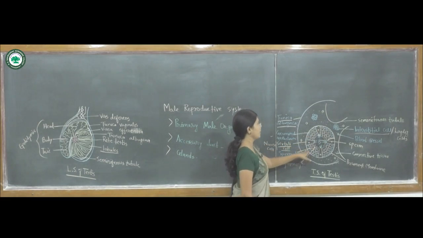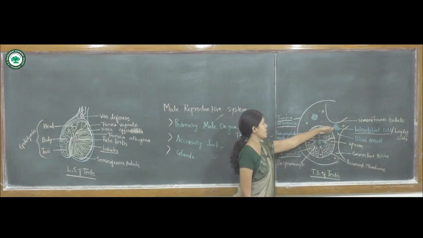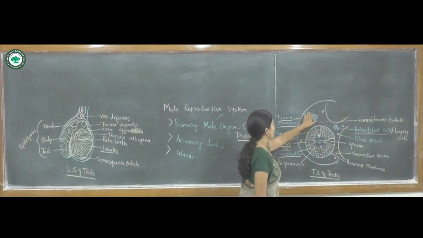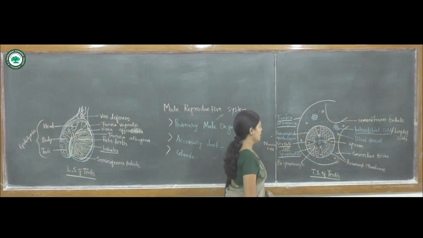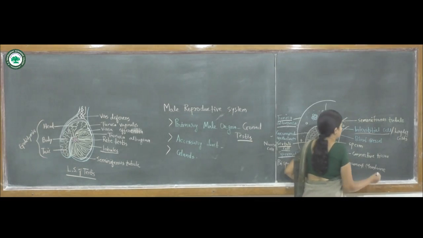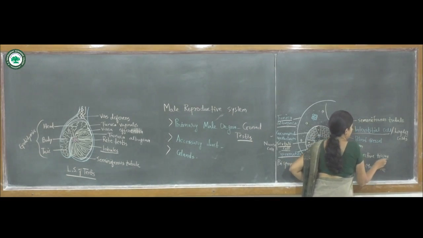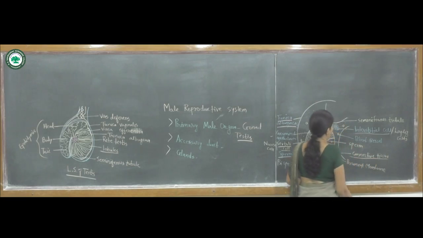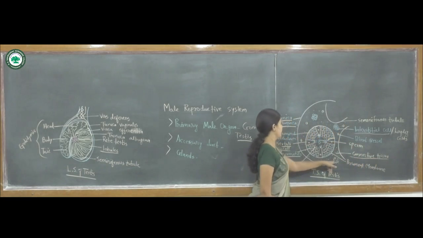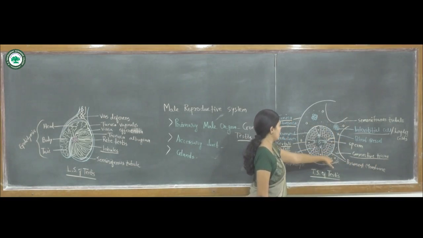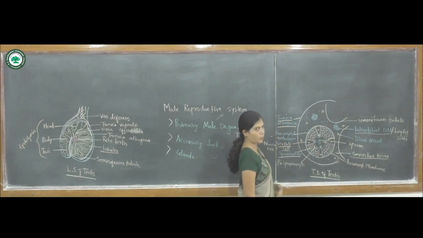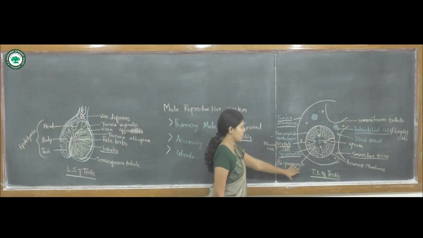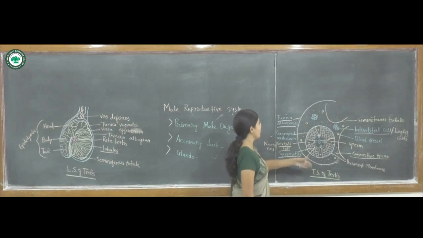Now, along with the seminiferous tubules and interstitial cells, a colloidal structure is seen, that is connective tissue. The membrane of the testis is made up of that connective tissue, and in between the connective tissue blood vessels are also present. So the TS of testis consists of what?